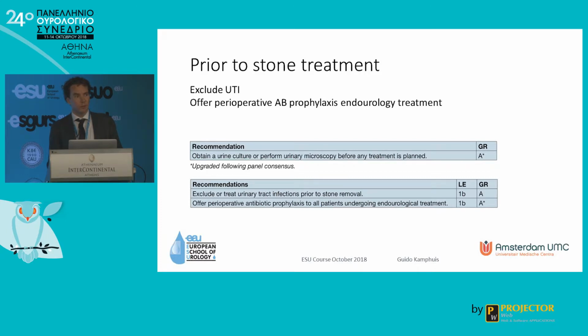Prior to stone treatment, whether it's ESWL, ureteroscopy, open, or percutaneous, it's important to exclude urinary tract infection and offer perioperative antibiotic prophylaxis in endourological treatment. In later presentations this morning, we will cover that more thoroughly.